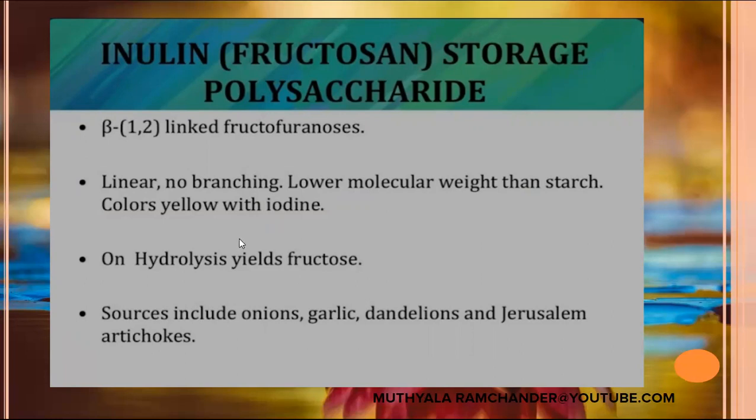Sometimes it gives no color with iodine. On hydrolysis, it yields fructose. Sources include onion, garlic, dandelion, and Jerusalem artichoke.